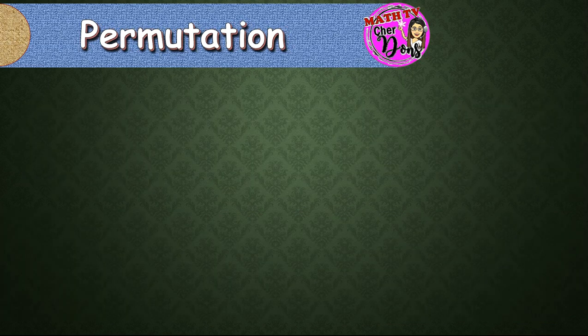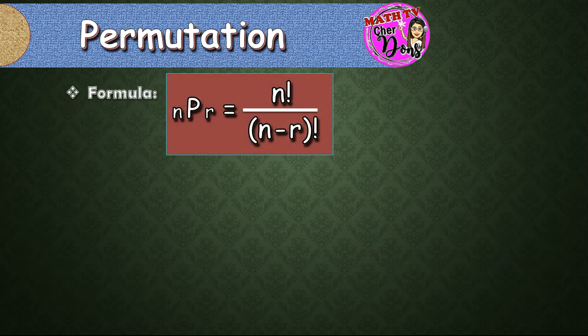Our formula: permutation of n objects taken r at a time is equal to n factorial divided by quantity n minus r factorial, where r is greater than or equal to 0 but less than or equal to n.